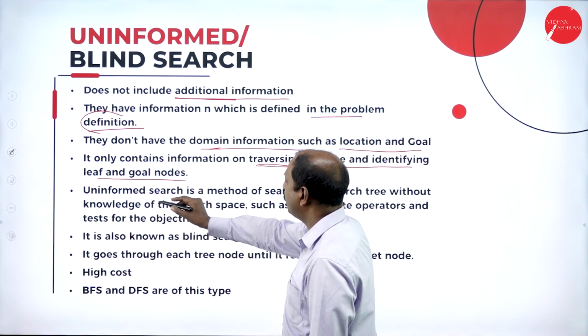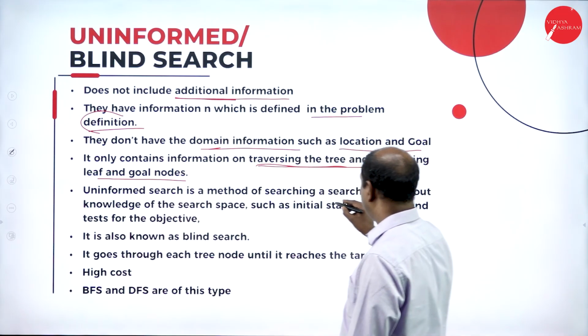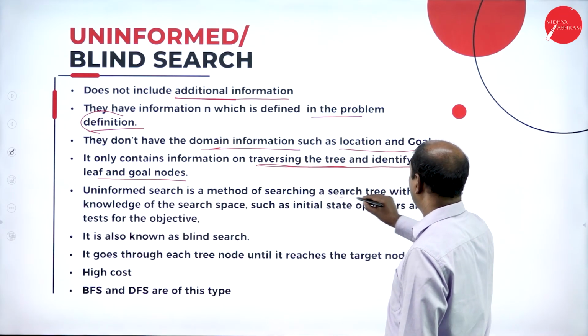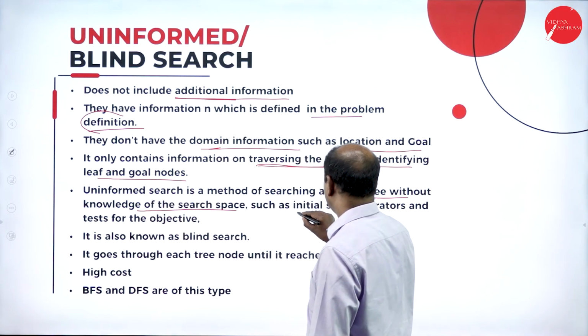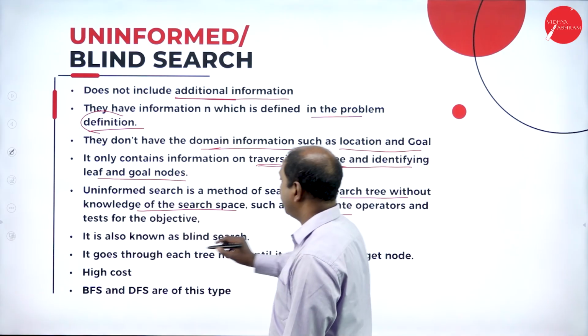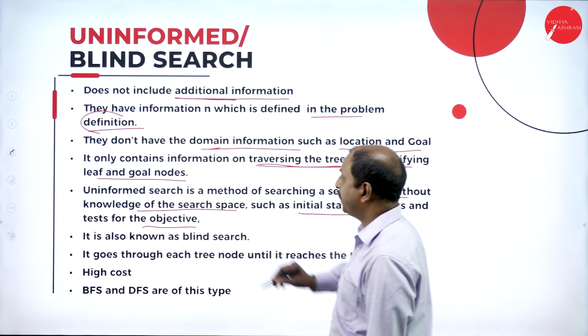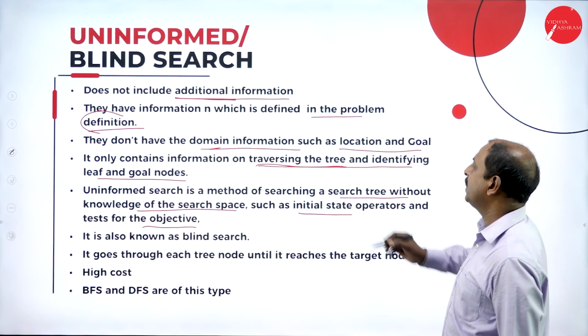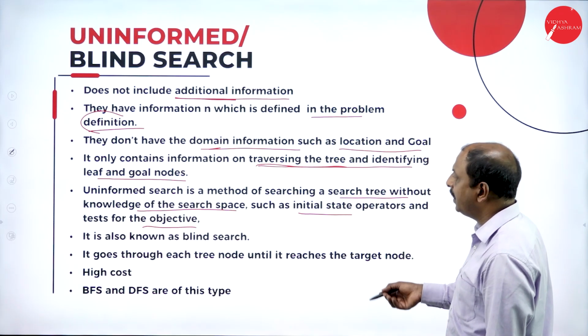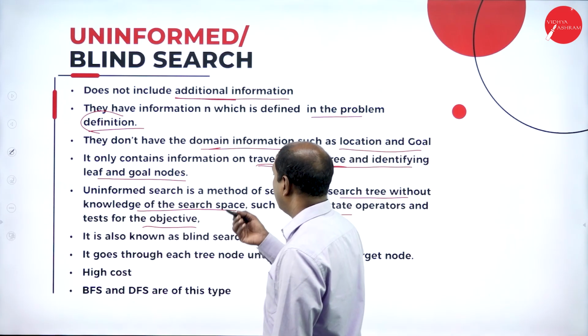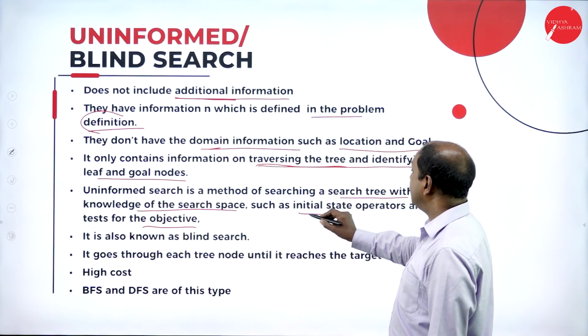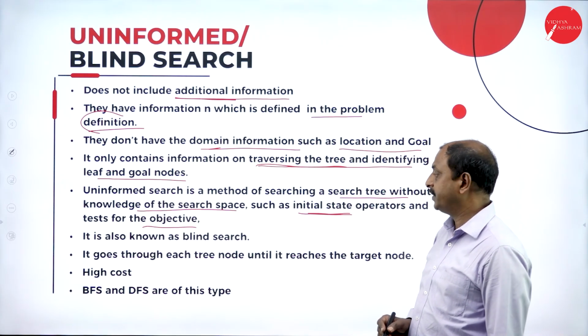Next, uninformed search is a method of searching a search tree without knowledge of the search space, such as the initial state, operators, and test of the objectives. See, uninformed search is one type of method. They don't have other information or knowledge of other objectives or the state of other paths.